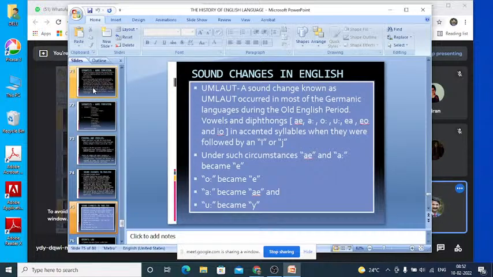Look at that. Sometimes they also became e. So such a vowel quality change over a period of time, and you will see that the change is to an e sound.